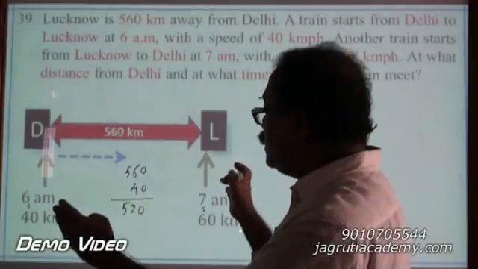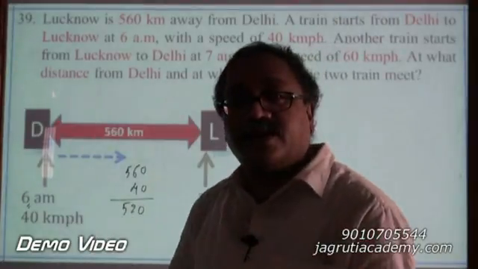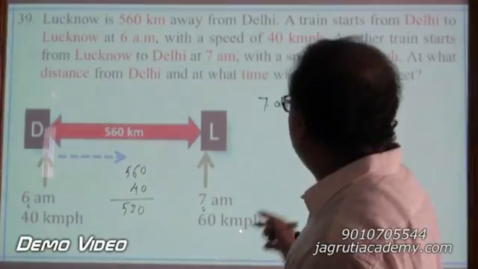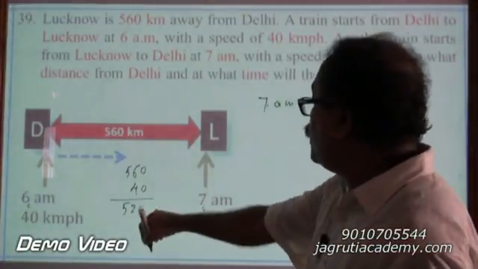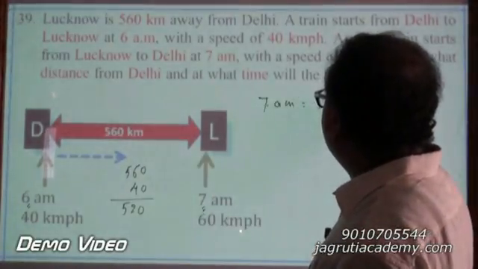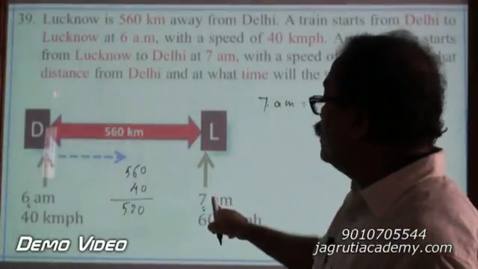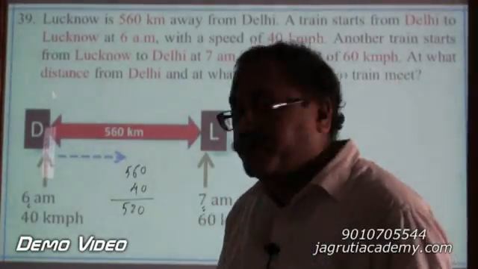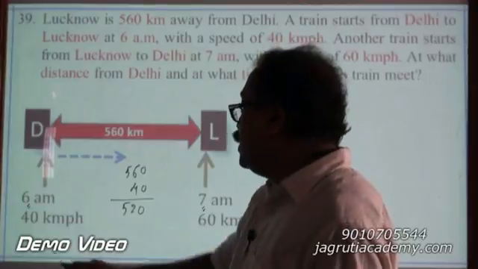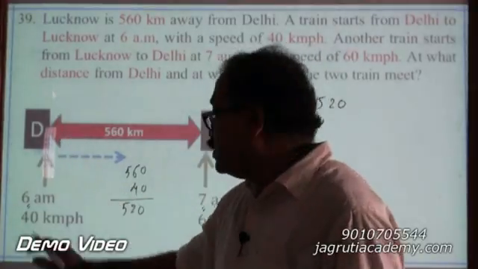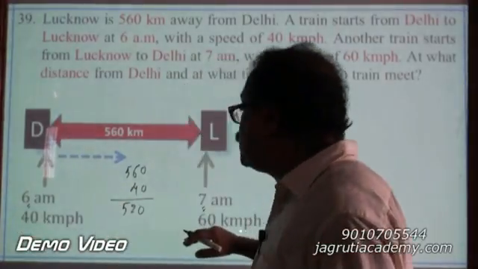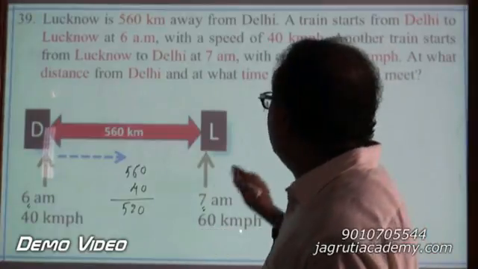This distance has to be covered with a relative speed. So the distance is 520 at 7 a.m. Now what is the relative speed from 7 a.m. onwards? As they are moving in opposite directions, the relative speed is 40 plus 60, that is 100.